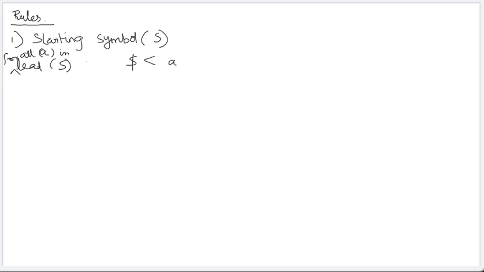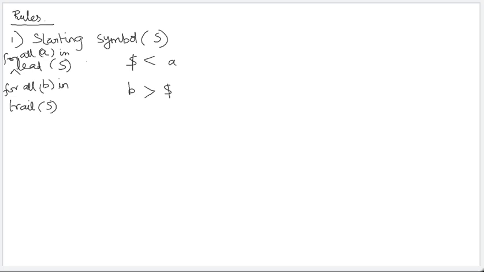This is the first relationship. And the second relationship is for all the values B in trail of S. B contains the set of trail values of that variable. So B is greater than dollar. So this is your first rule.